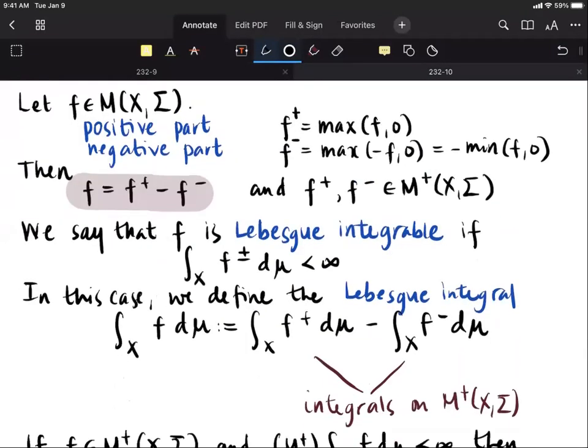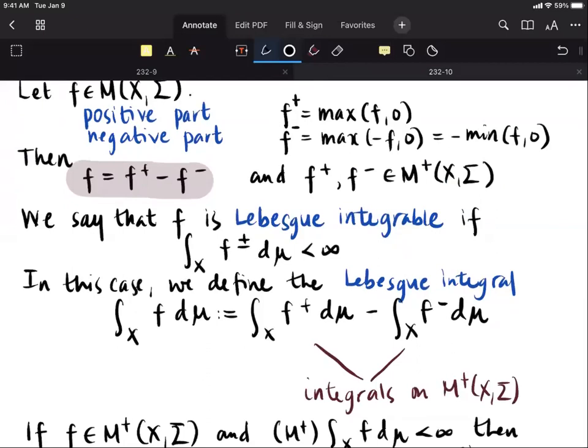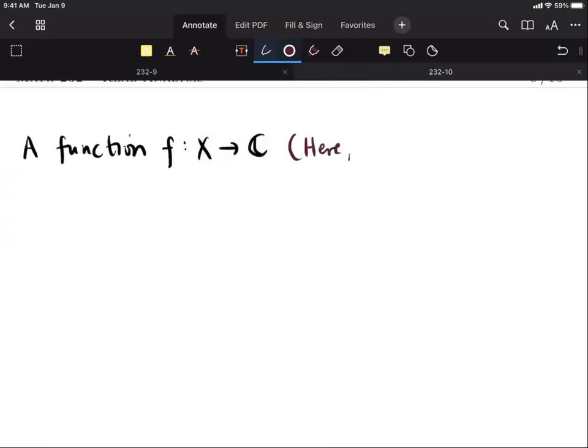Now, extending this definition to complex valued functions. Let's consider a function f which is complex valued. Here we assign the Borel sigma algebra on C to be the Borel sigma algebra on R squared.